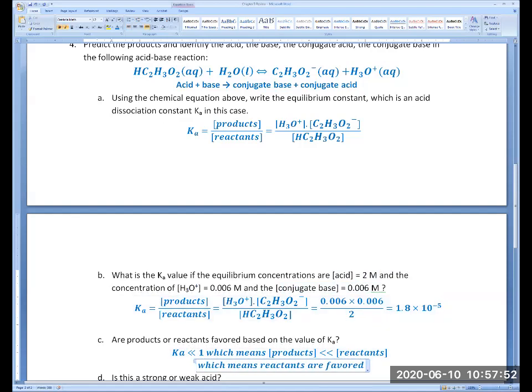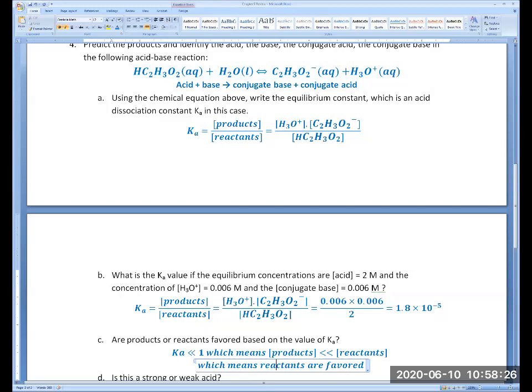So is this a strong acid or a weak acid? You can decide by knowing that the equilibrium is shifting to the left, favoring the left, and you have more acid and water than you have the products. So does it mean you have a strong acid or a weak acid? If you think about what makes a strong acid?